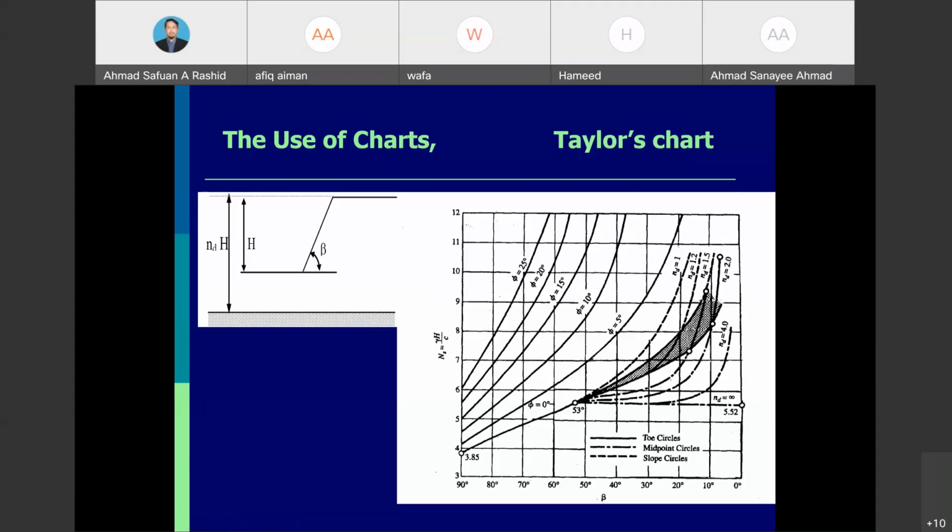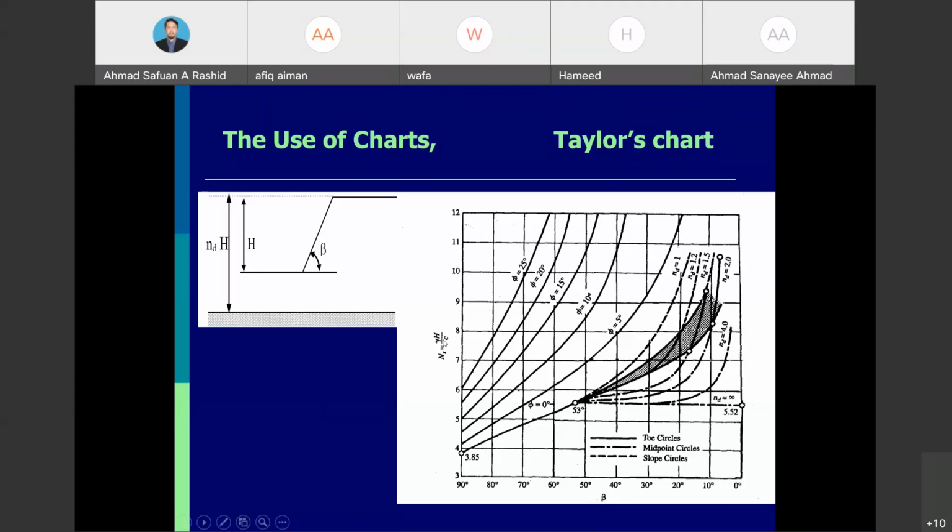So when we look at this chart, we can identify that this chart is dimensionless. For example, beta doesn't have any units, it is only an angle value. Then we also have phi, where phi is also a degree value.